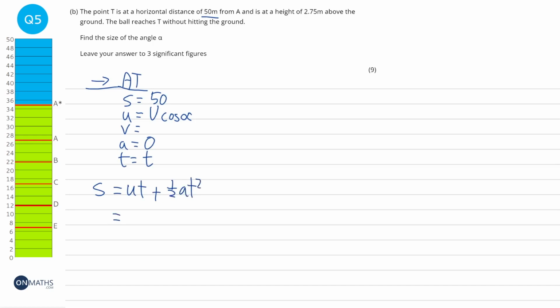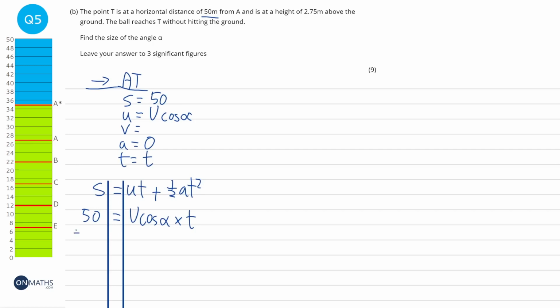And so let's get our lines in and find out what T is. So it's going to be 50 equals u cos alpha times T. And notice that because A is 0, it just gets rid of all of this.